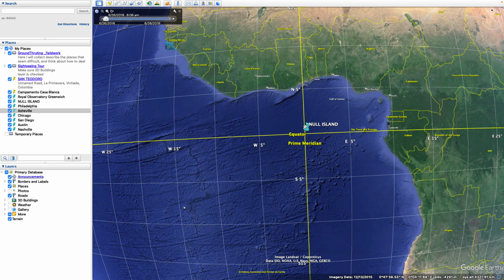It's in the Atlantic Ocean, around 600 kilometers, that means 400 miles, off the coast of the country of Ghana. This is where the prime meridian and the equator meet, and there is just a buoy, and all the locations are in relationship to their distance to the origin, the zero point or Null Island.